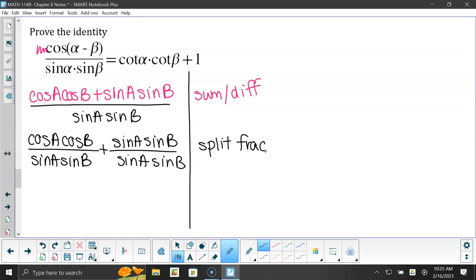Yeah, the whole monstrosity on the right just equals 1. And then cosine of A over sine of A is cotangent of A. And then cosine of B over sine of B is cotangent of B. And we are done.